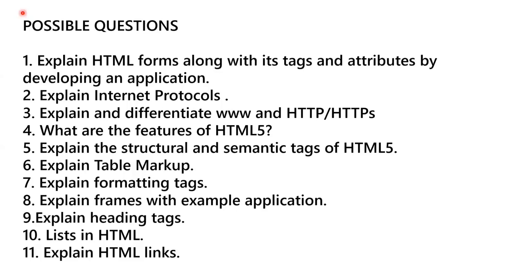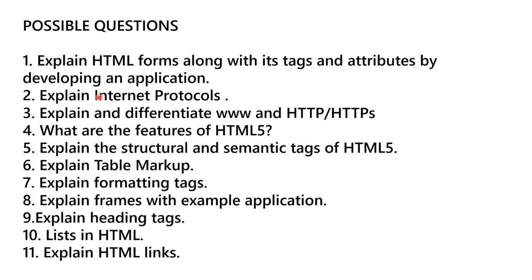Okay, and now next is the internet protocol. What does the internet protocol include? IP protocol, TCP, SMTP, HTTP, HTTPS, and so on. And the other one is PPP. All these kinds of protocols can be explained.